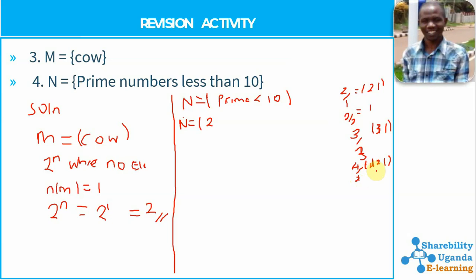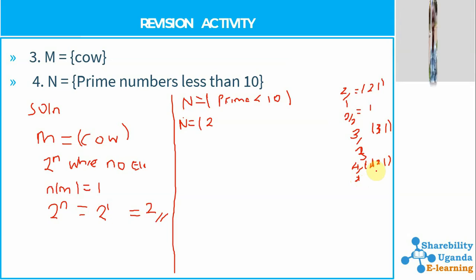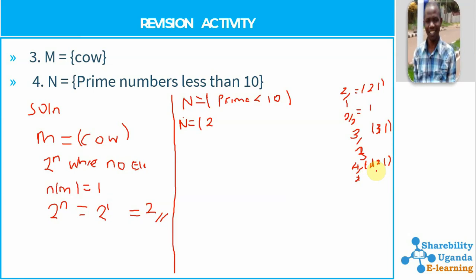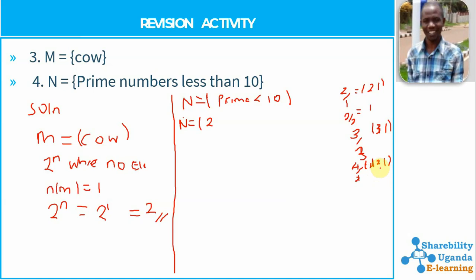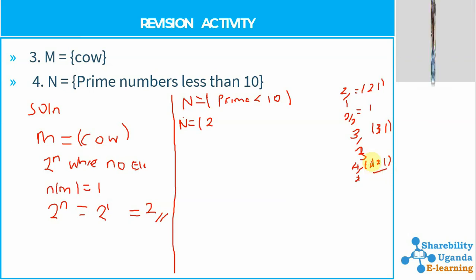We said that prime numbers are whole numbers greater than 1 that have factors 1 and itself. We can see that 4 has more than 2 factors: it has a 4, a 2 and a 1.